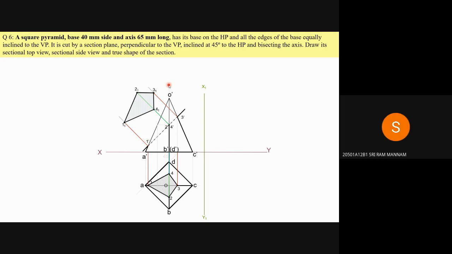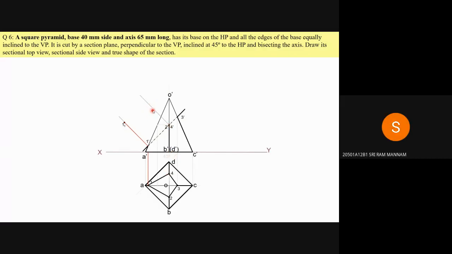How do the 2, 4 points come in the top view? Draw a perpendicular line to 2 and 4, and measure the distance from XY line to 4, in top view.